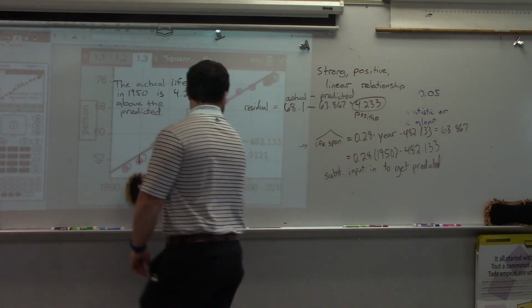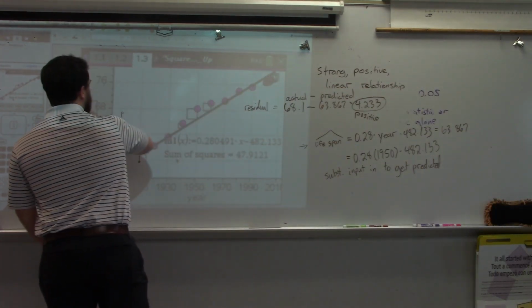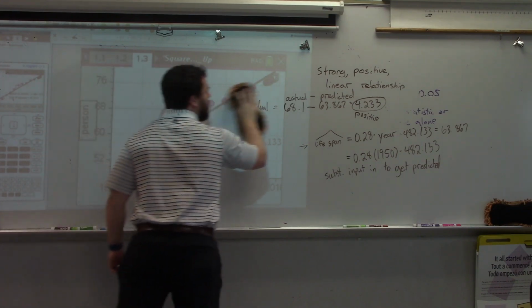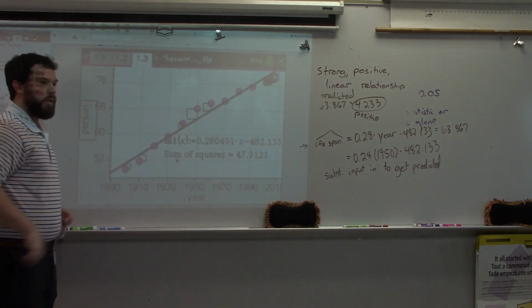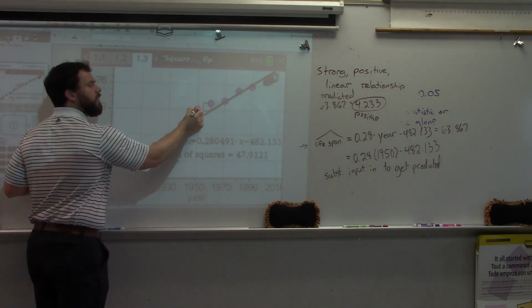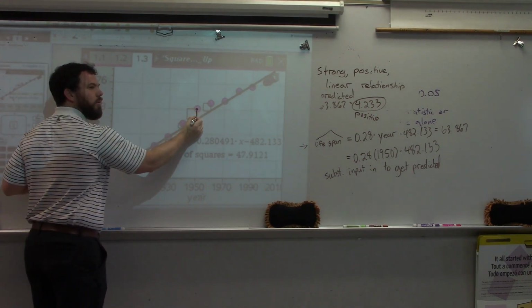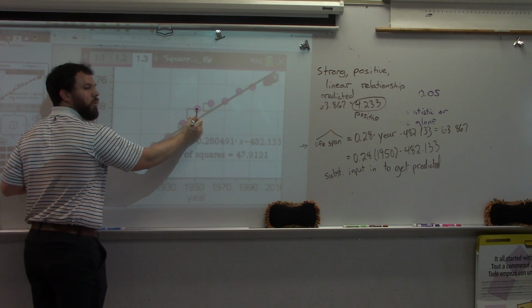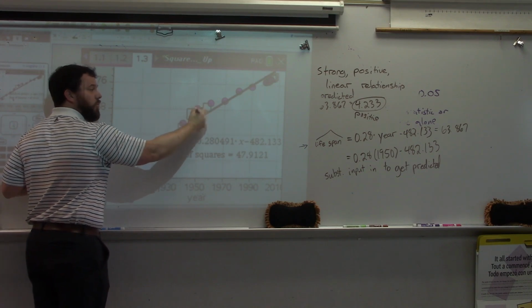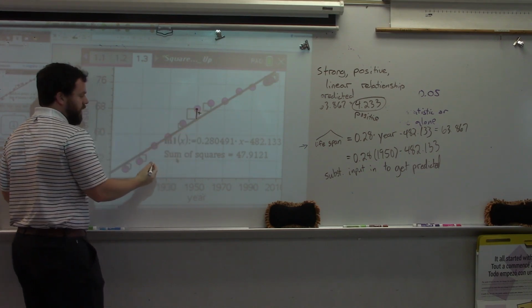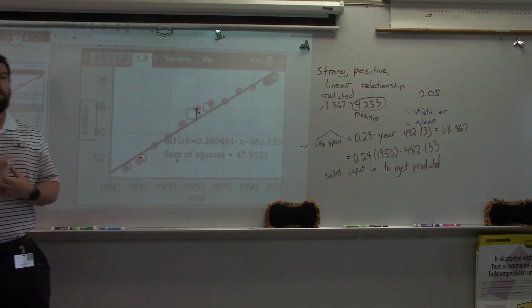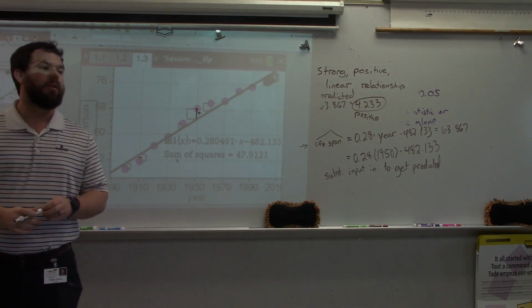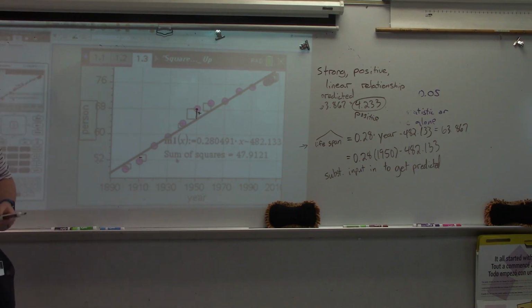Notice how it actually drew squares. Where do you think those squares are coming from? The distance from the actual point to the line is called the residual. Sometimes the residual is positive and sometimes it is negative. If I had the best line, the sum of those positives and negatives would be zero. So how do we make sure it doesn't give me zero?